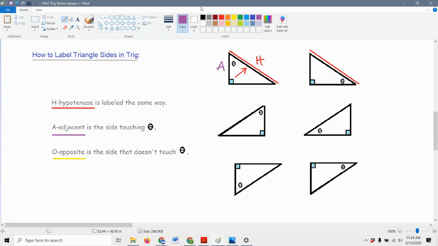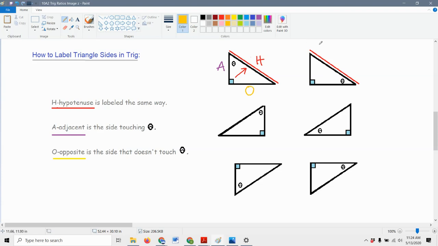Now, the only side that is not touching theta is all the way across the opposite side of the triangle from where theta is, and that we label O for opposite.